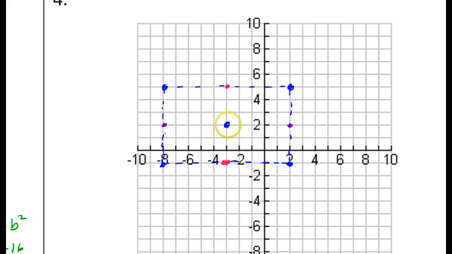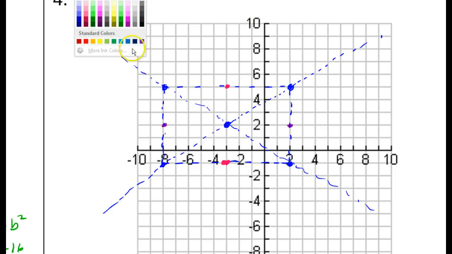So I'm going to draw a dotted line going through the diagonals of this rectangle. So that's an asymptote, and that is also an asymptote.